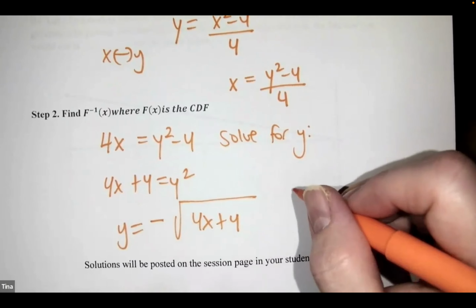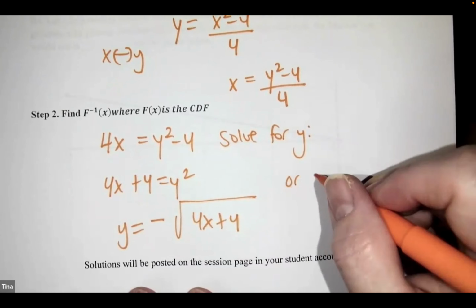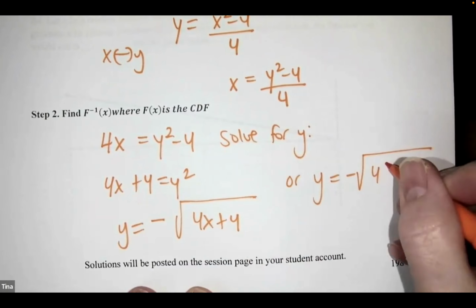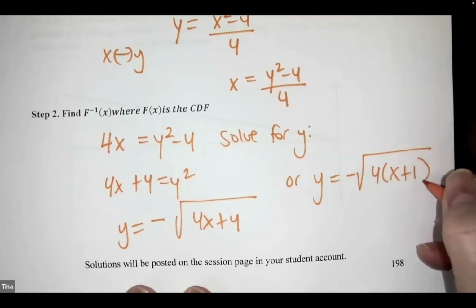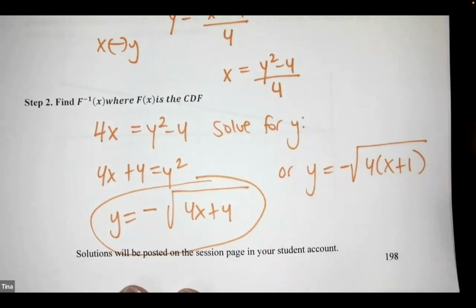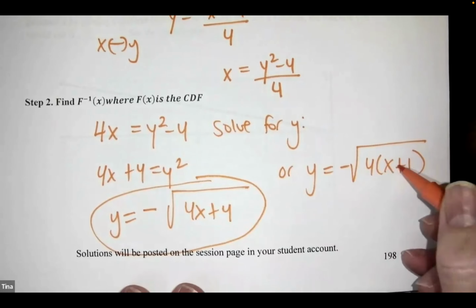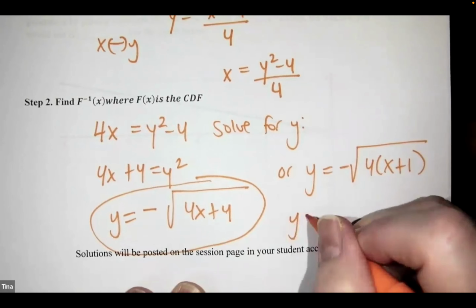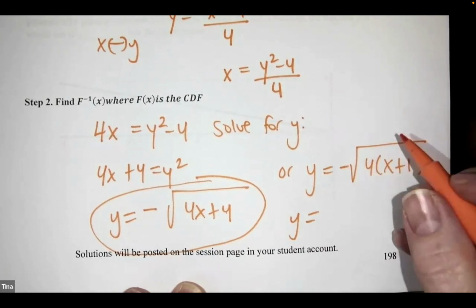And so we could say, I guess we could take a 4 out as a common factor. So in terms of ways that they could mess with you, like let's say this answer wasn't on the exam, what could you do? You could take a 4 common factor out of these two terms and say 4 times x plus 1. And then you could say the root.